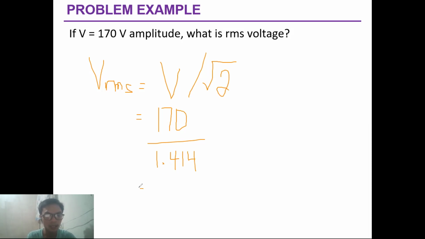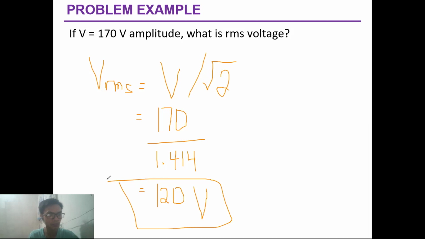So this is equal to 120 volts. So we get 120 volts for RMS voltage. So why do we quote RMS values instead of peak values for household voltage? So what do you think?